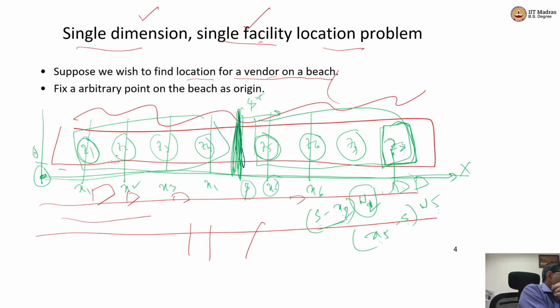That will actually mean more travel for consumers sitting in zone 1, but we are assuming there are fewer consumers in zone 1 compared to zone 8, and therefore the facility will get pulled towards the zone which has more population density, right? And by population I mean more interested consumers who may be interested in buying my products.